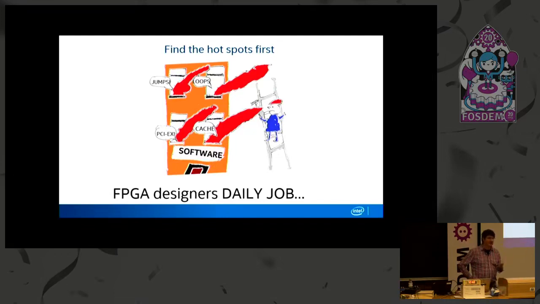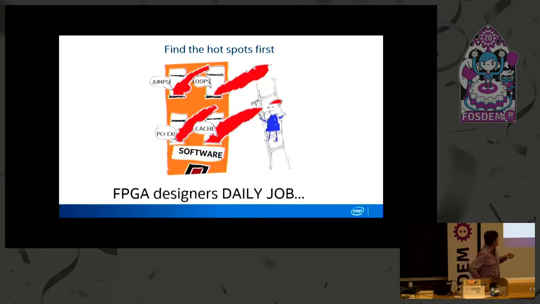You could think, for example, encryption is the first one, but it's not only encryption. You can have problems with jumps, with loops, with PCI access, and first of all, problems with cache usage on the CPU. How do you make the first step to optimize the software, or to use the hardware?